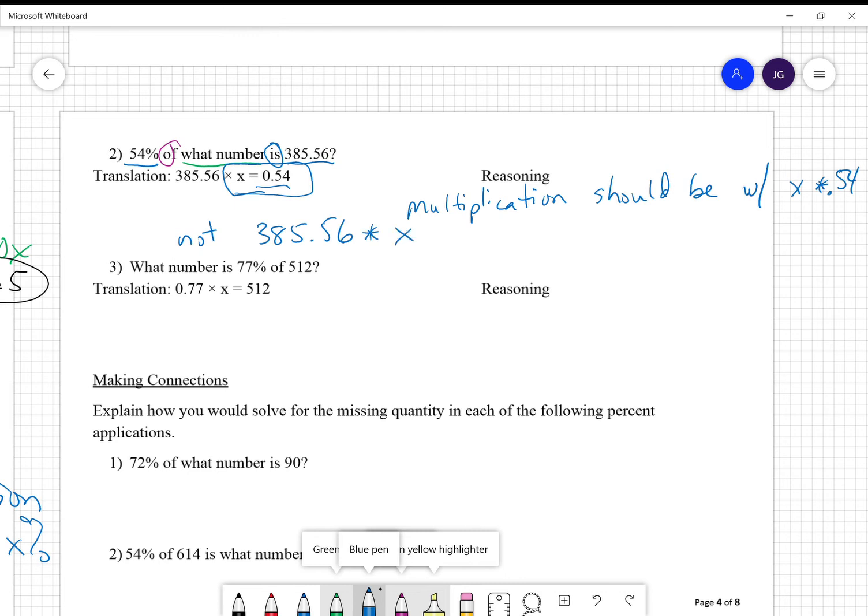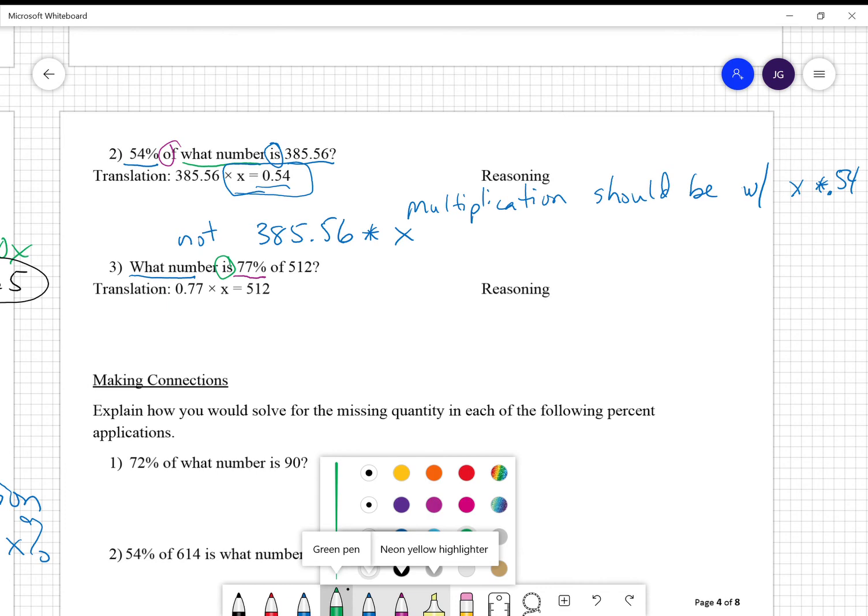Okay, number 3, what number is 77% of 512? So it should be what number, so X equals 0.77 times 512.